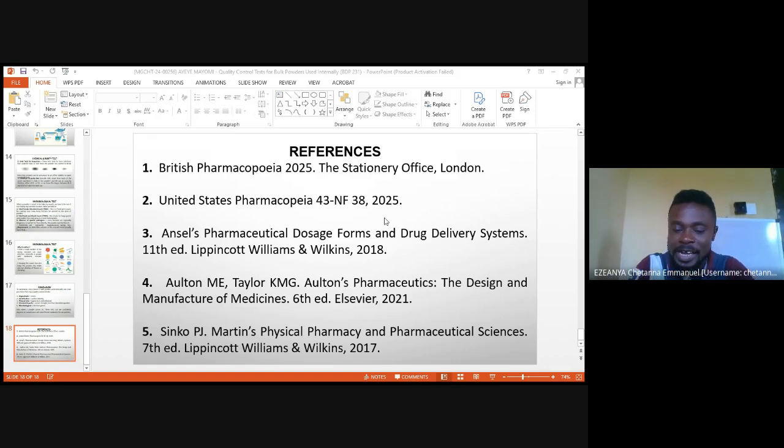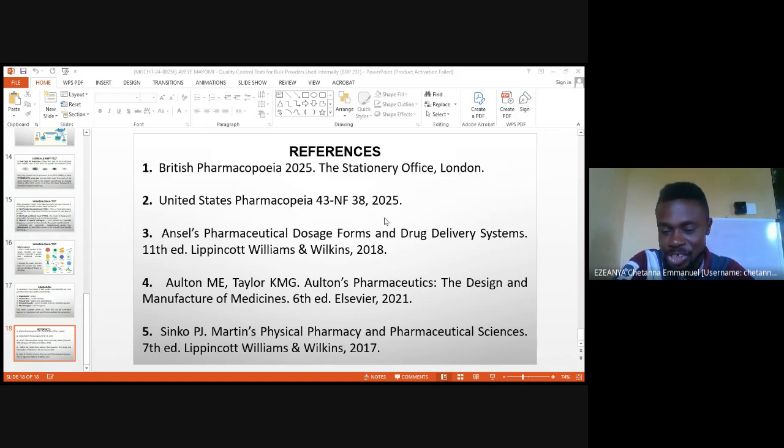You mentioned content of active ingredient 95% to 105%. Let's assume that the active ingredient in paracetamol is 500 milligrams, and you are the one to do this content uniformity analysis. You're given a particular tablet from a company, and the permitted range is 95% to 105%. The company claims that the paracetamol in the tablet is 500 milligrams.